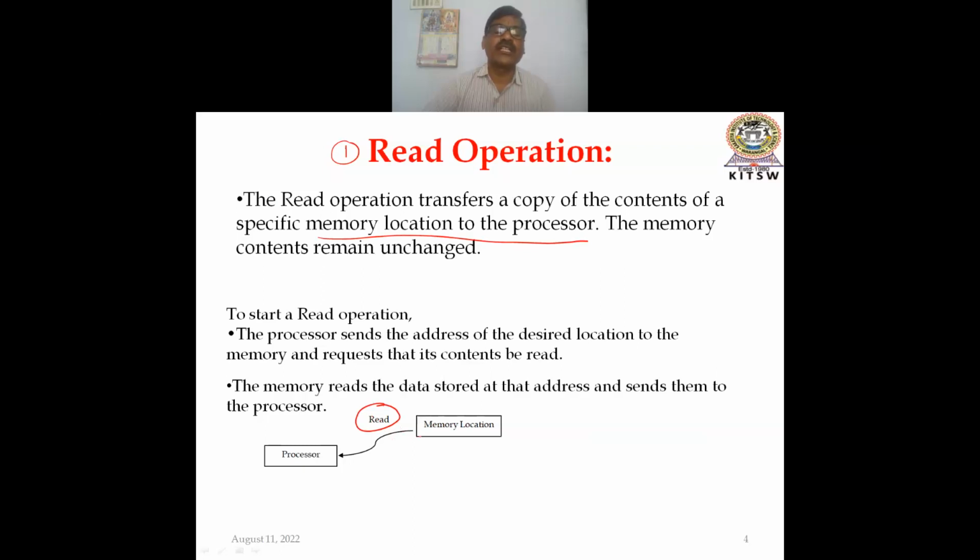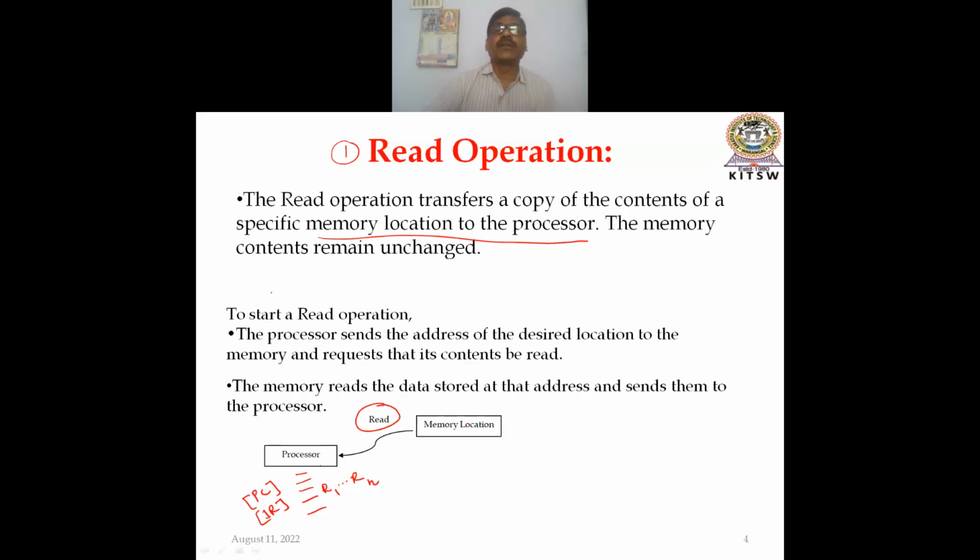In the processor there are different types of registers: general purpose registers like R1, R2 and so on up to Rn, and special purpose registers, generally called the program counter, instruction register, etc.